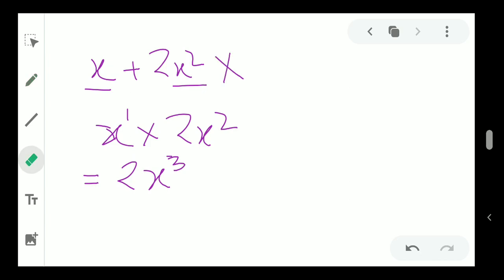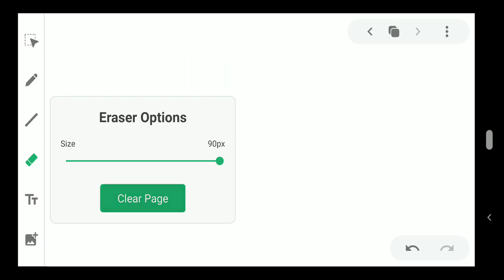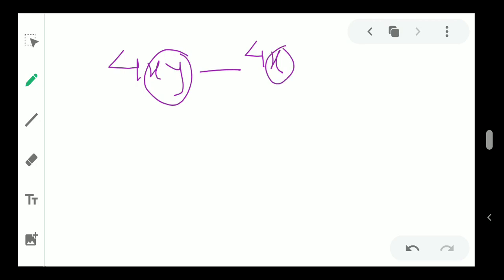Okay. Some more things: if you have 4xy minus 4x, you cannot do anything, because xy is a different thing, x is a different thing. You cannot add or subtract them.